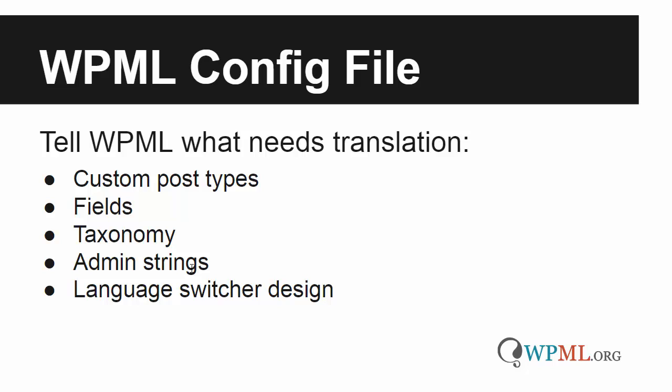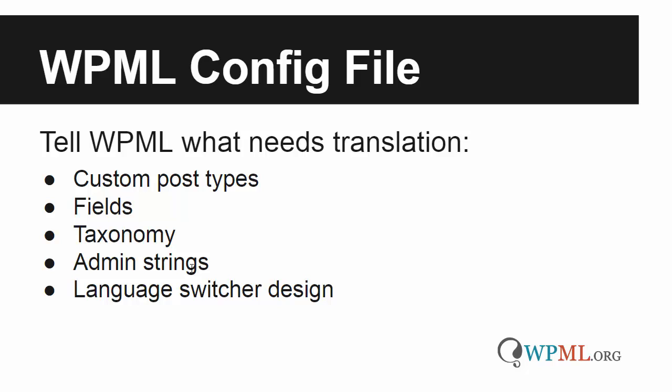And once you have everything finished, you want to make it easy for your end users to run a multilingual site. And this means to include a configuration file which tells WPML what in your theme needs to be translatable. Your theme may include custom post types, fields, taxonomy, and strings, and a configuration file will tell WPML which of these needs to be translatable.